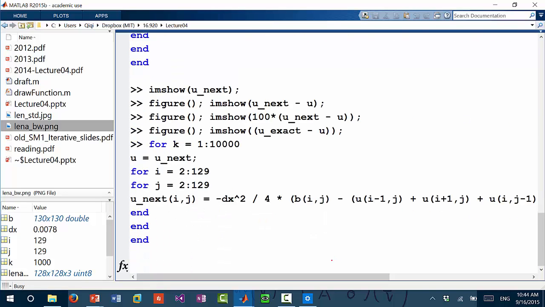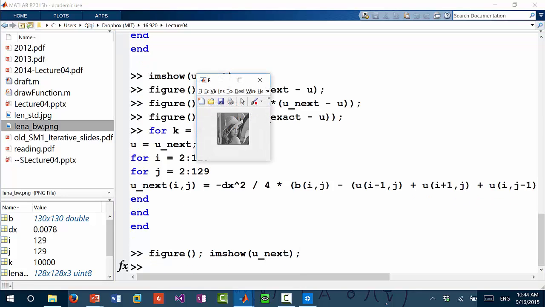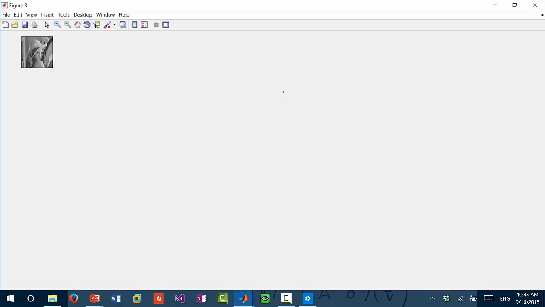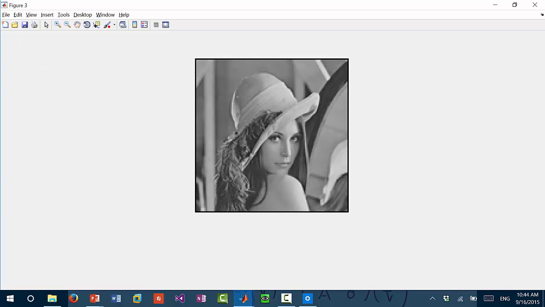It'll take a little bit more time, but let's see figure and I am show of u next again. I think we'll get something much closer to the actual solution. Right now, we no longer notice the interior to be much darker than the surrounding. All right. So it is because we haven't iterated for long enough.